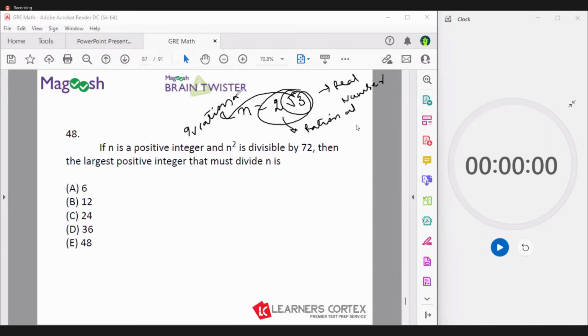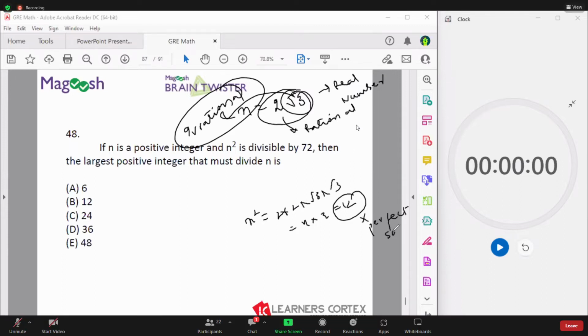So this comes under real number. This does not come only under integer. Now n square becomes 2 into 2 into root 3 into root 3, or 4 into 3, or 12. Now 12 is not a perfect square, right? Does that make sense? Yes.